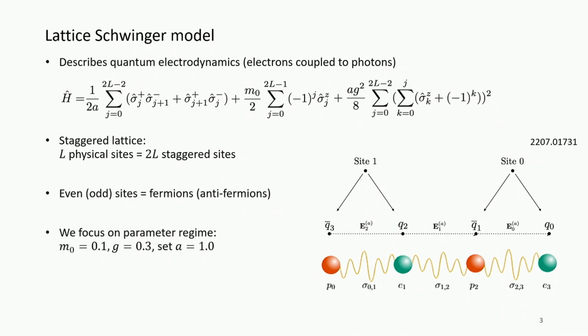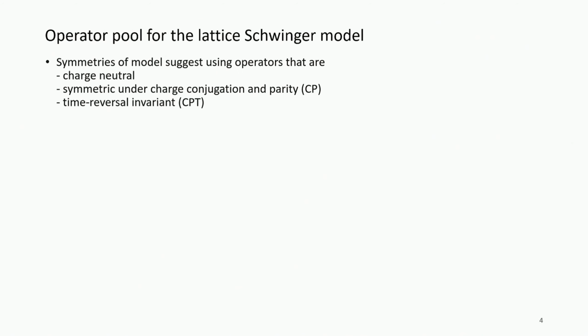Now, however, in our simulations, we do integrate out the gauge fields. And in the Hamiltonian, you can think of the first term as representing the kinetic energy in the system, the second term as representing the mass in the system, and the last term as representing the particle coupling in the system.